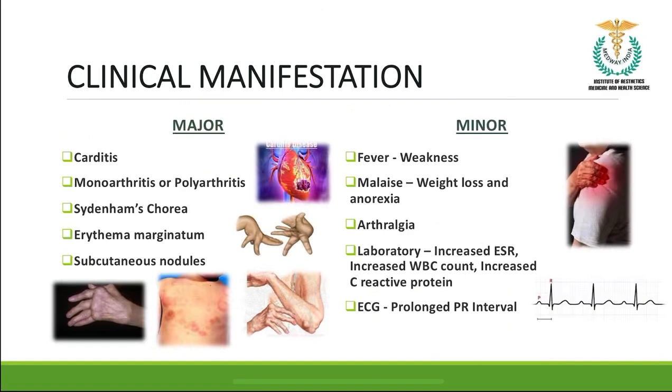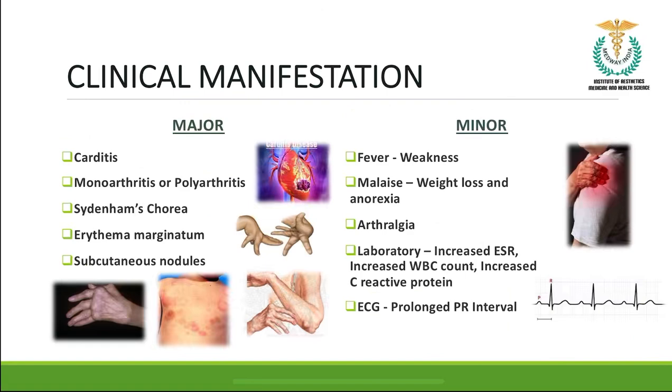Coming to the clinical manifestations, how the clinical features can be seen in a person who has rheumatic heart disease. The clinical manifestations are divided into two categories, major and minor. Coming to the major category, carditis, which is inflammation of the heart layers, that is pericarditis, myocarditis, endocarditis.